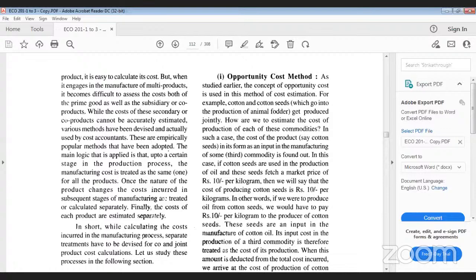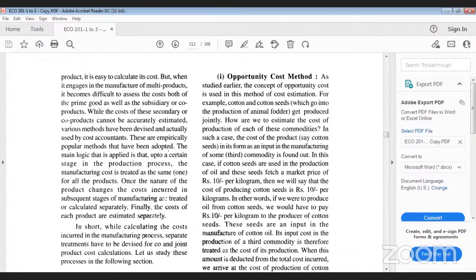How do we estimate the cost of production of each of these commodities in such a case? The cost of the produced product, say cotton seeds, as an input in the manufacturing of some third commodity is found out in this case.